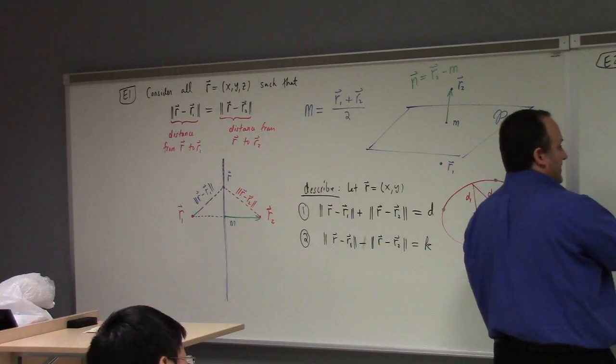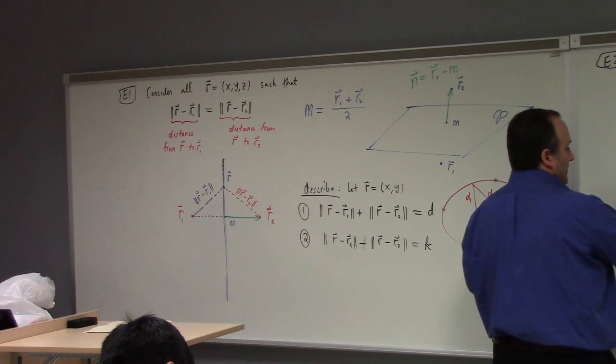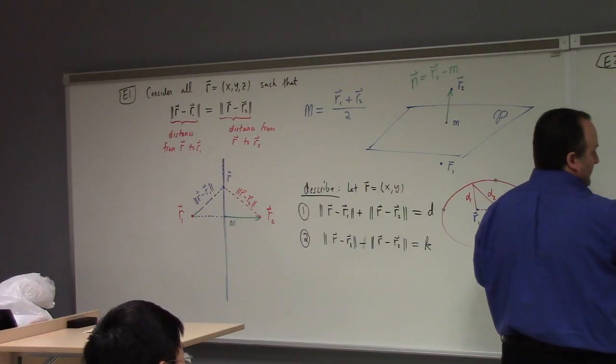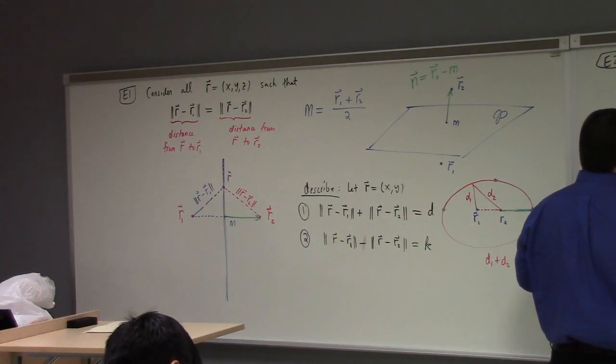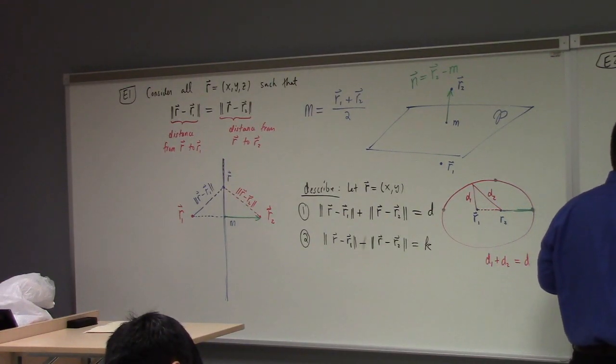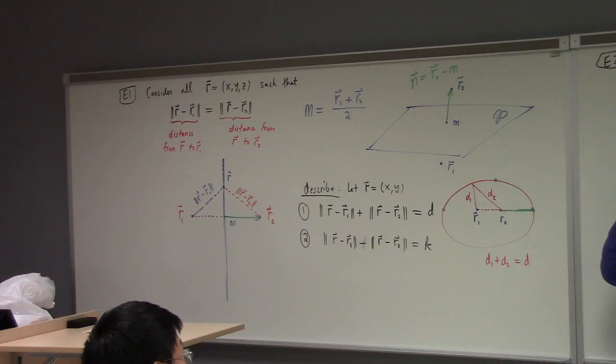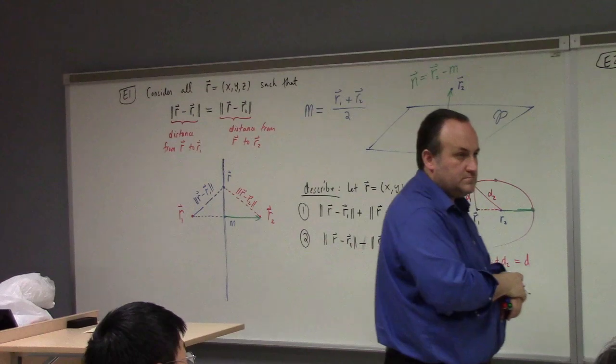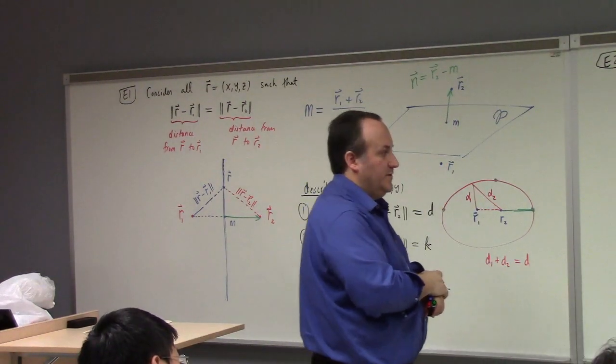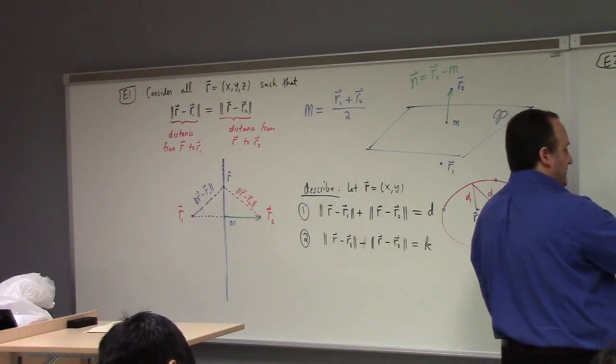All right, so what are we looking at? We're looking at the length of the x minus 1, y minus 1 vector minus the length of the x plus 1, y plus 1 vector. So, all right, that's what? Square root of what?